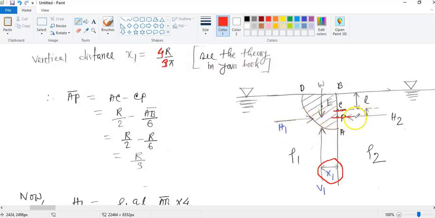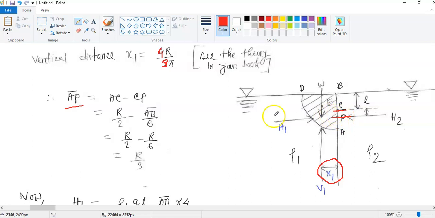We know this, and we need this distance AP, but we don't know this distance. So AP, you see, we definitely know AC, it is just half of this L, and we previously calculated CP.